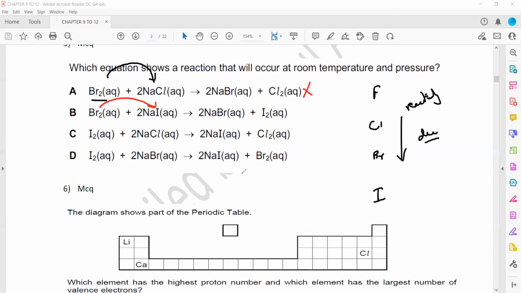Bromine is more reactive than iodine, so bromine will displace iodine. As a result, it will produce sodium bromide and iodine molecule. And iodine, because it is less reactive, is not able to displace the chlorine or the bromine from its compound. So the more reactive halogen displaces the less reactive halogen from its compound.